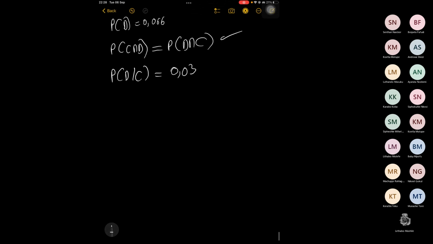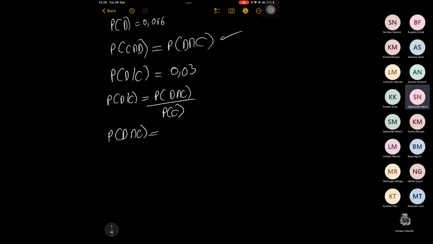But how do you calculate this? Probability of D given C is equal to probability of D intersection C over probability of C. Then probability of D intersection C is going to be probability of C times probability of D given C.